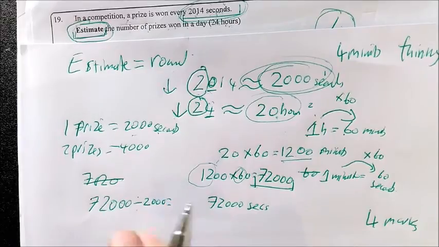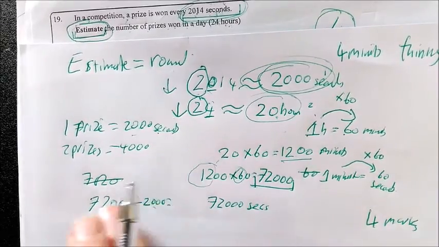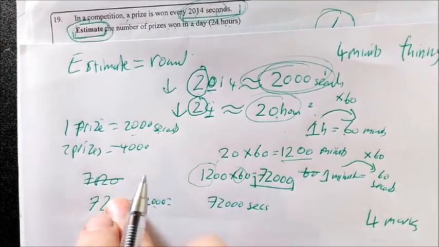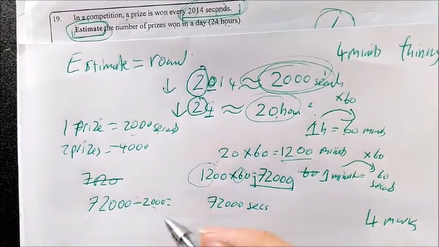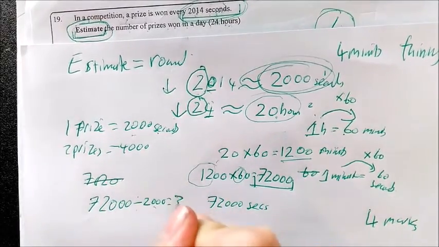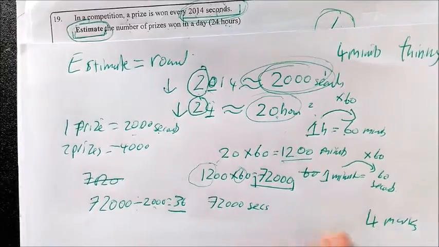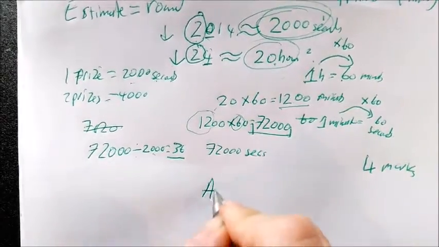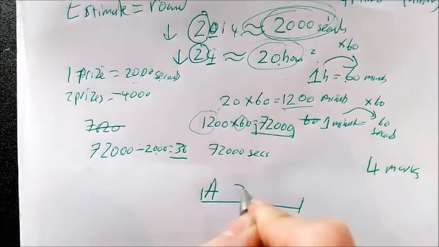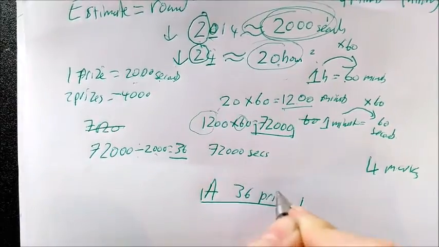Quick way to do that, divide both by 1,000, because they've both got 3 zeros. So 72 divided by 2, what's 72 divided by 2? It's 36. So then, answer: 36 prizes.